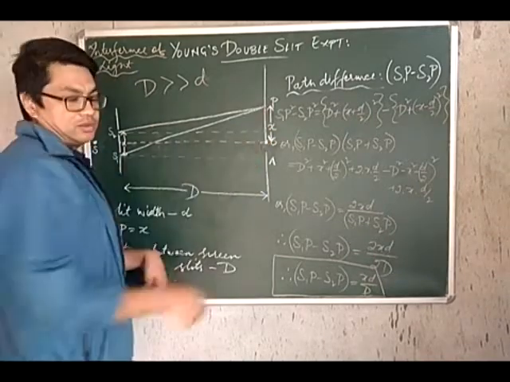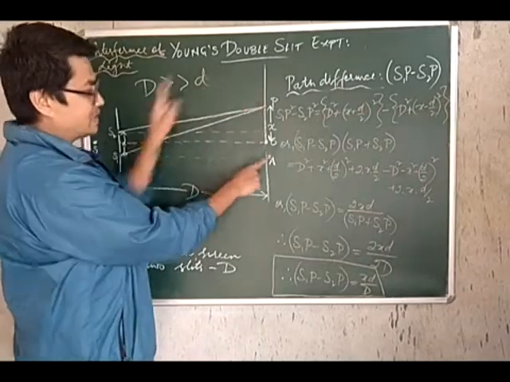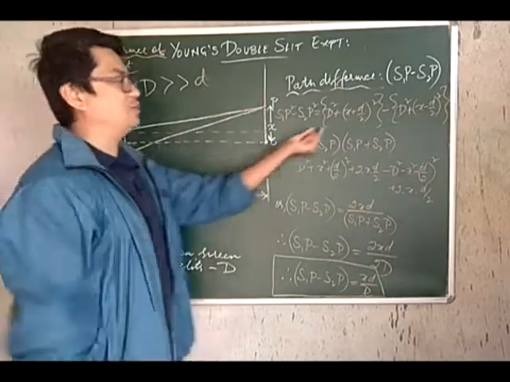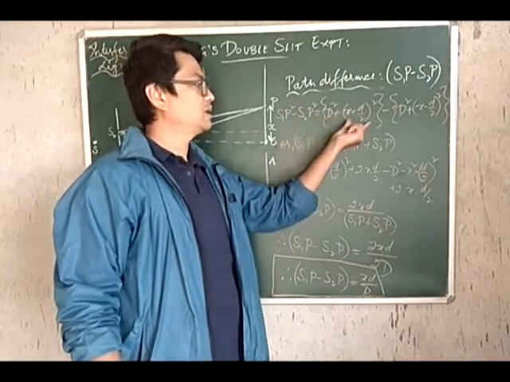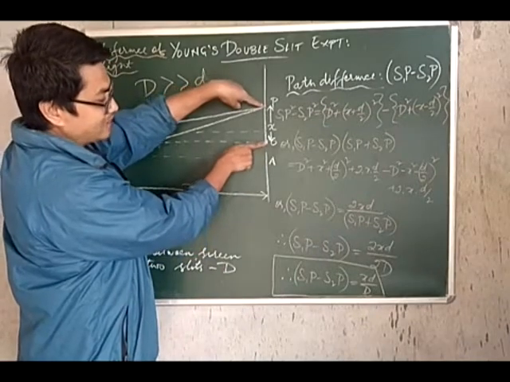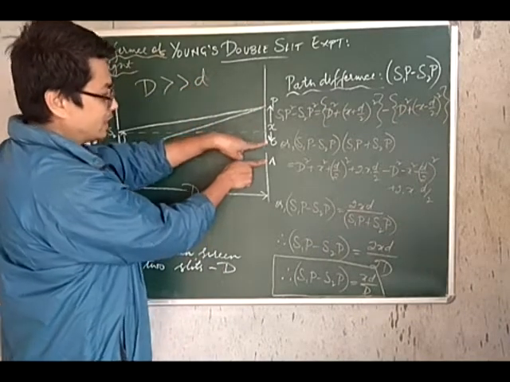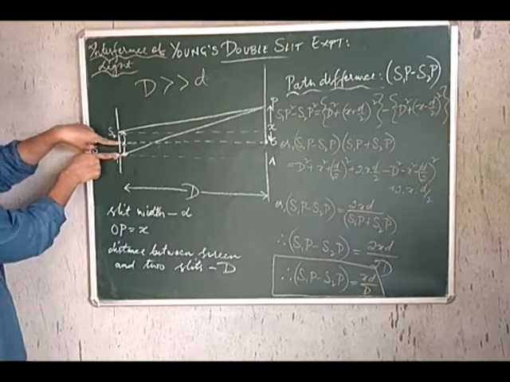Using Pythagoras theorem, of course, H squared is P squared plus B squared. So our base is D, capital D. So base squared plus perpendicular squared. Perpendicular, this distance is x. So what is this distance OA? The distance OA is half of the slit separation.